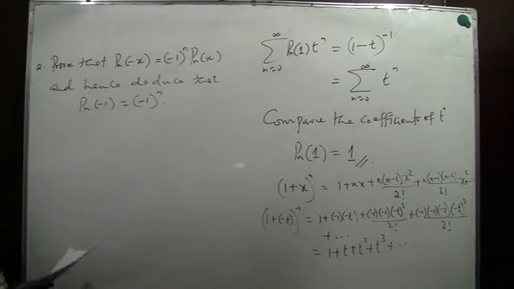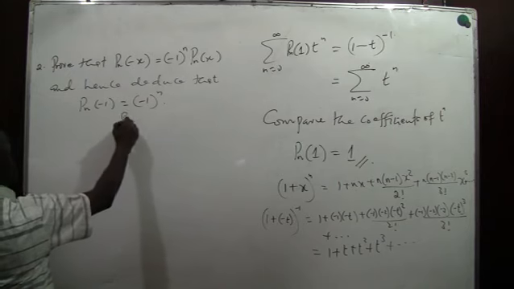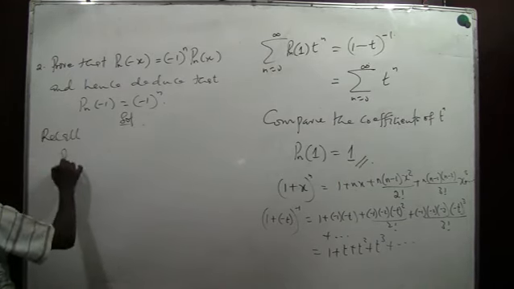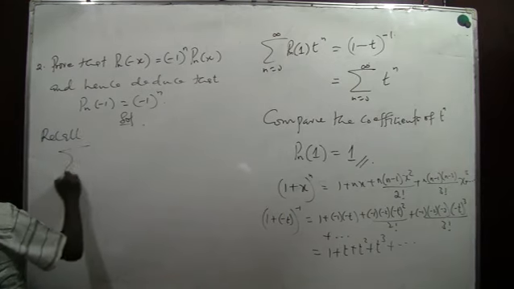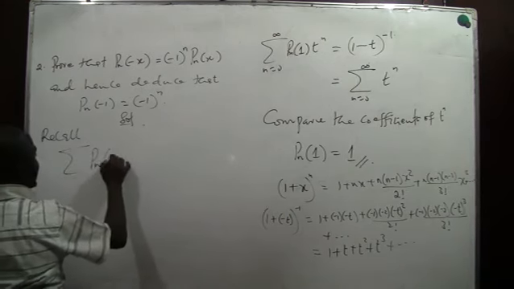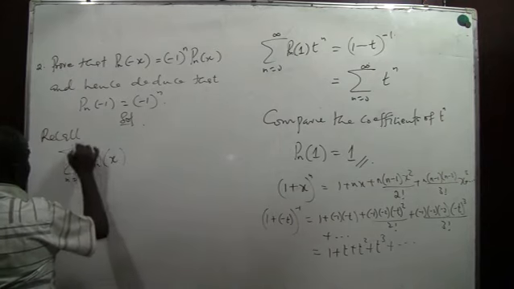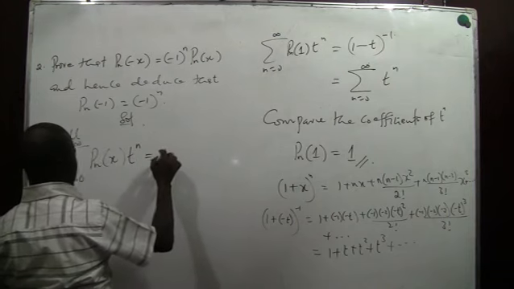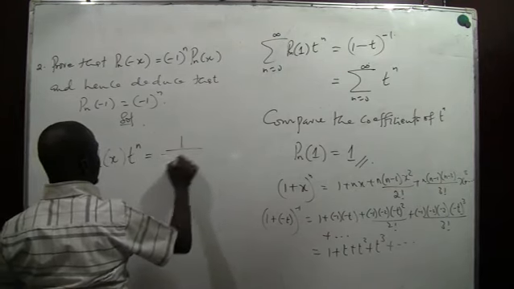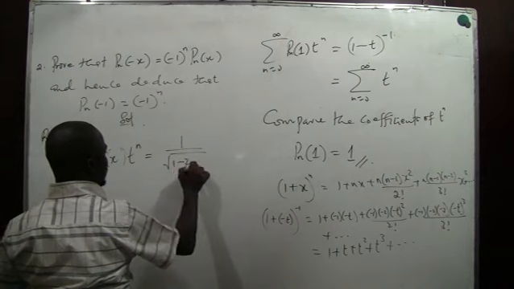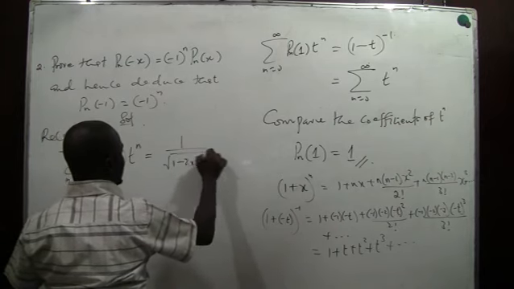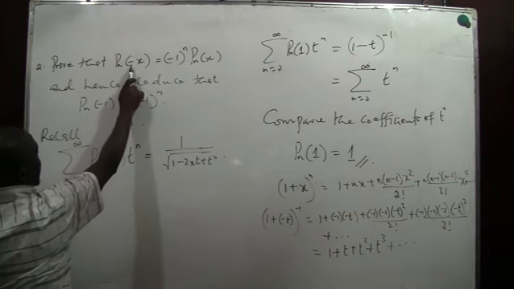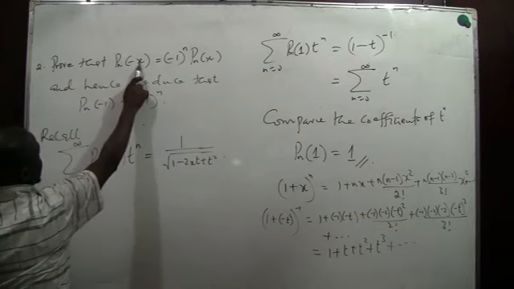The first one, solution. We recall again that summation Pn of x t raised by n, n from 0 to infinity, equals 1 divided by square root of 1 minus 2xt plus t squared. Call this one equation 1. Now, if you look at the left hand side, the value of x has been given as minus x.